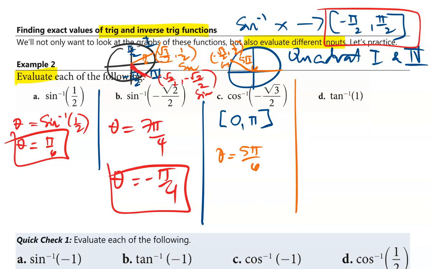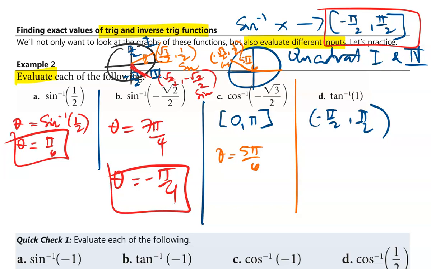And for tangent, inverse tangent of 1, we're looking for an angle in the interval negative pi over 2 to pi over 2 with a tangent value of 1.